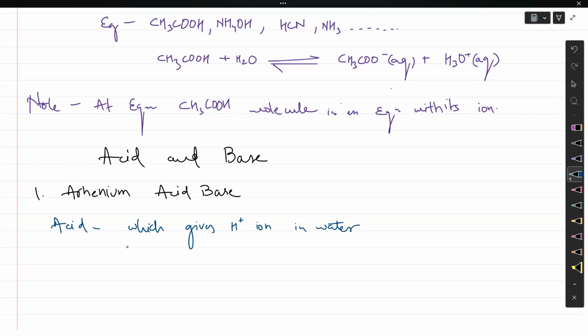Is it making sense? So for example, we can see HCl. It will give H plus and Cl minus, right? HNO3, H plus NO3 minus, HI, H plus I minus.